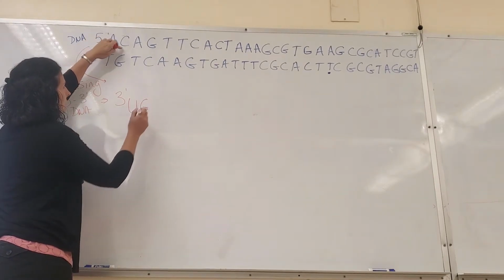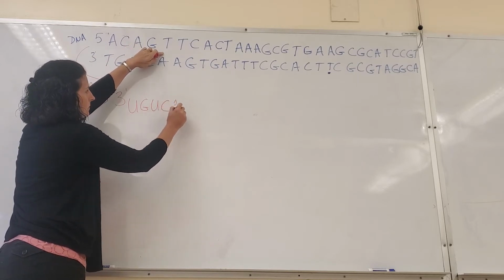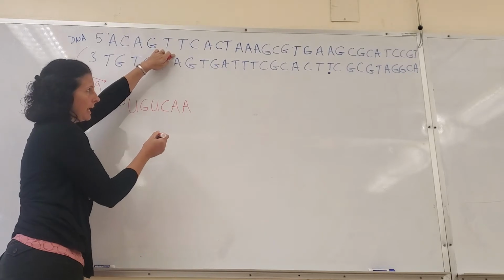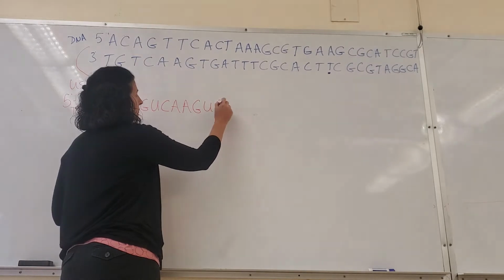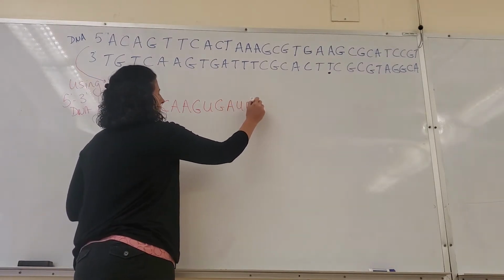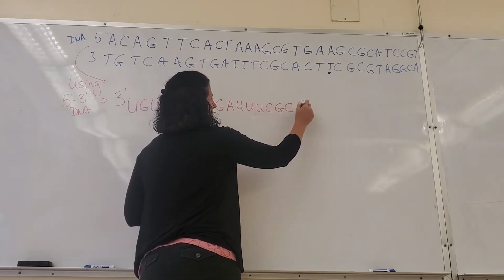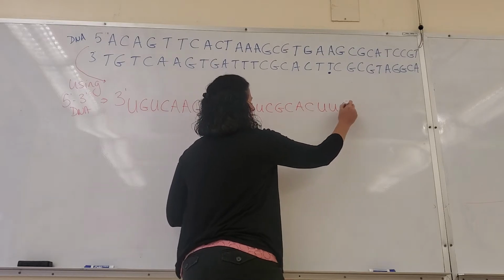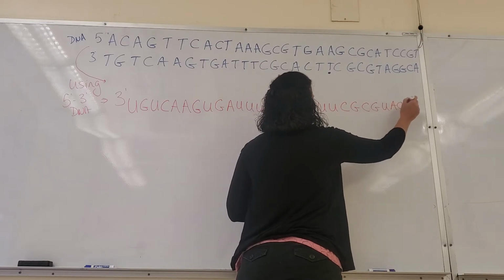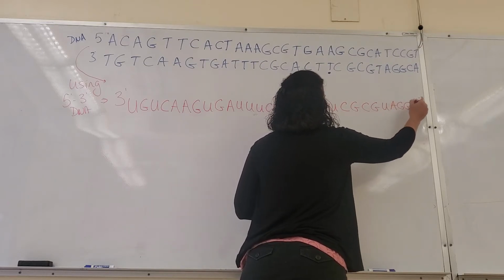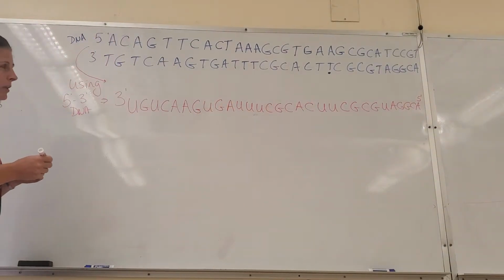C would pair to G, A pairs to U, G would be C, T would be A, another T would be A, and we continue that all the way down, again, using those base pair rules. And then that would be the 5' end of our molecule.